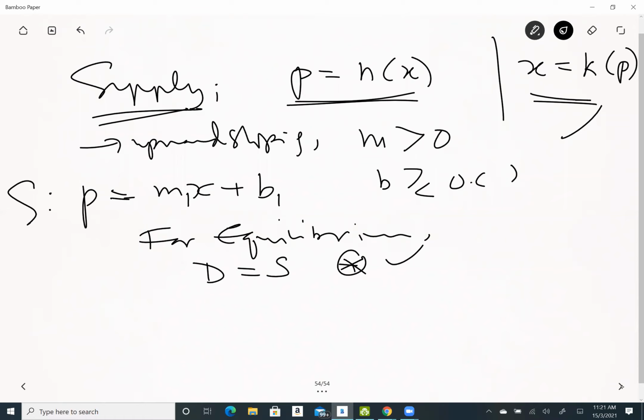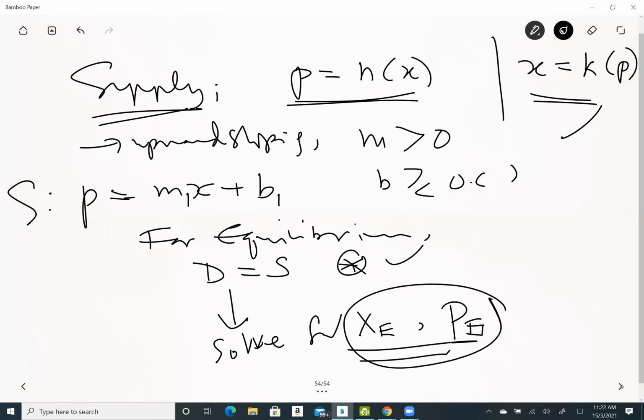In other words, for the system of the two functions at market equilibrium, you have them intersect, and that intersection point is where the demand equals the supply. You have the demand function and the supply function, and we are going to solve for XE, the equilibrium quantity or market quantity, and the equilibrium price or market price.